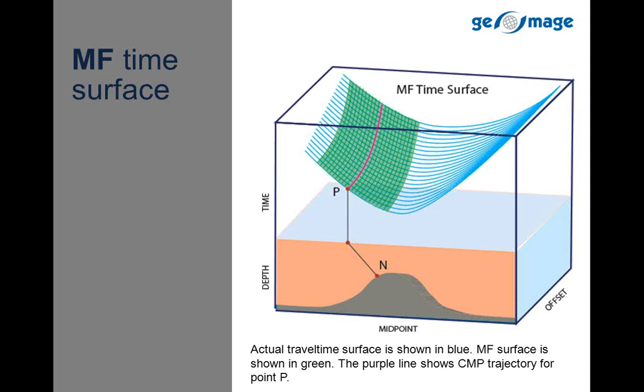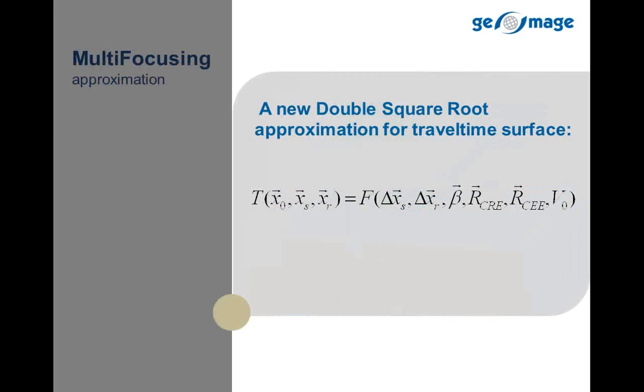This surface is approximated by a second order curve, which multifocusing gives an explicit representation of, and the surface schematically can be approximated by some function, a double square root function, which is written here as f, which depends on geometry, source receiver distances from the imaging point, and a number of unknown parameters.